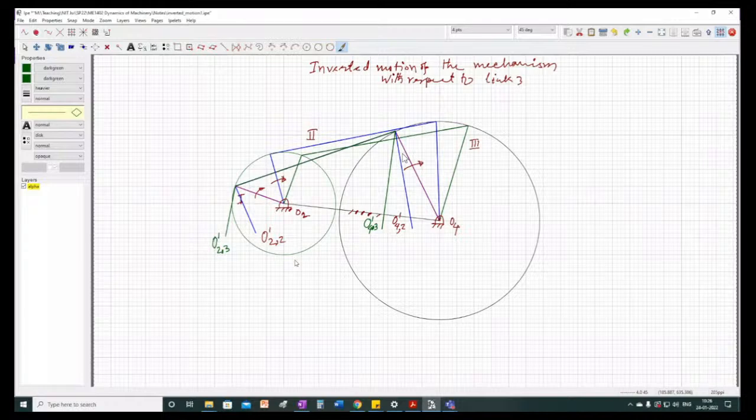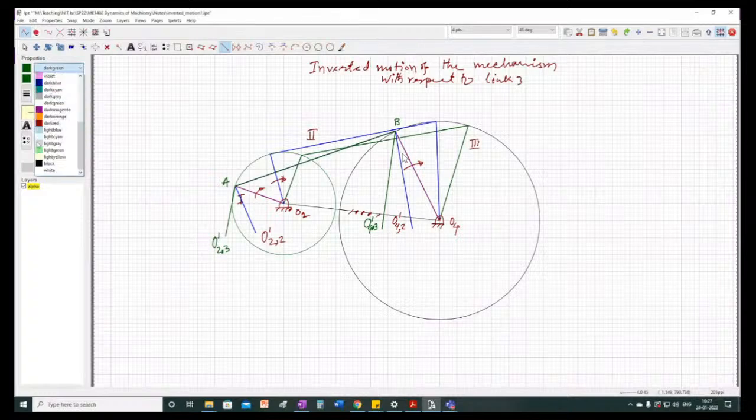Now you can see that with respect to this point, let's say A, and this point, let's say B, what is the inverted motion of this O2 point? This is the inverted motion. And you know that we can also show that if you join these 3 points, O2, O2 of position 2 and O2 of position 3, I can do it now.